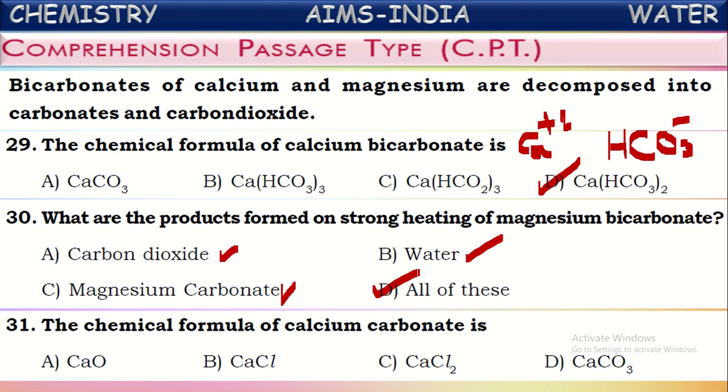So this calcium carbonate molecular formula is CaCO3, because the calcium ion formula we have just seen is Ca2+, and the carbonate ion formula is CO3 2-. So when you club these two by using criss-cross method, we get the formula of calcium carbonate as CaCO3.